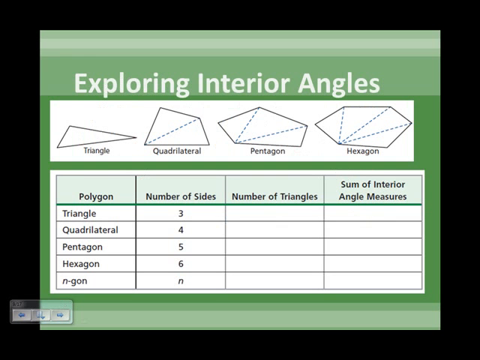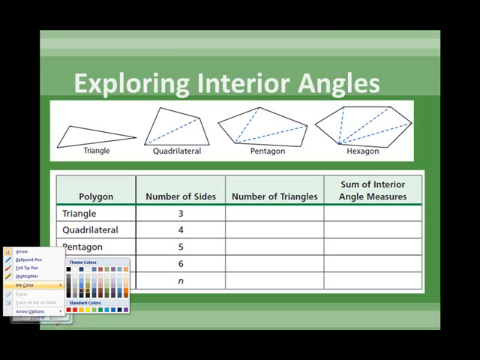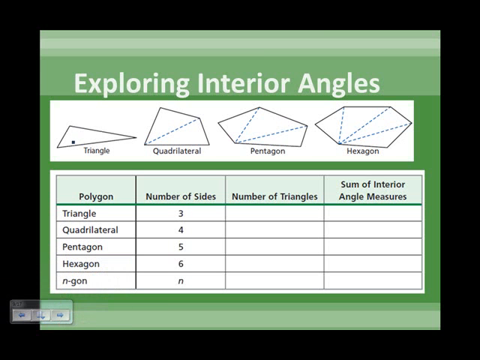Okay, we can explore the sum of the interior angles of a polygon by using what we know about triangles. So if we were going to measure the sum of the angles of this triangle, we already know that we see one triangle here, and the sum of the angles in a triangle, because of the triangle sum theorem, is 180 degrees.